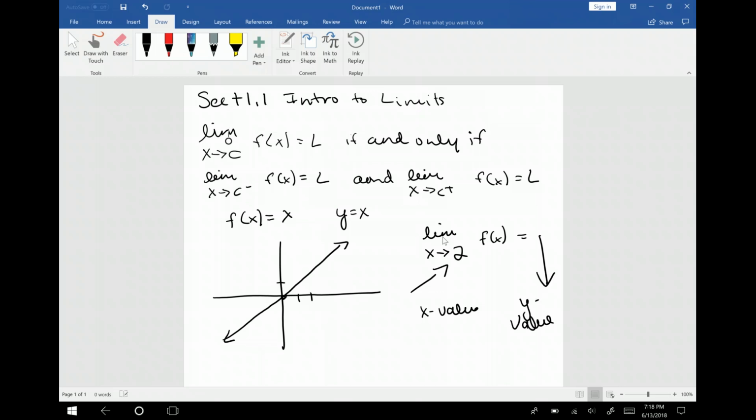So if x is 2, what is our y value equal to? We're not necessarily looking at x being 2 all the time, but at what happens as x gets close to 2. As we move along the x-axis to 1, then 1.5, 1.7, 1.8, as we get really close to 2, our y value is also getting close to 2, right? Does that make sense?